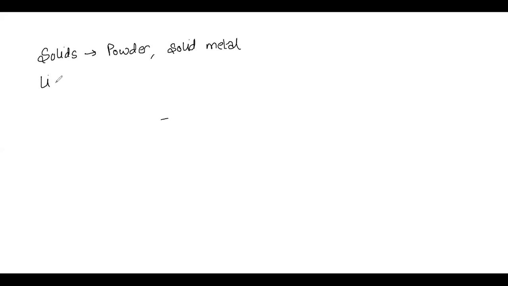Now liquid, when we are considering liquids, we only consider water. And then when we have the aqueous, it means solution. So if you have any question which is stating a solution of sodium chloride, a solution of so and so, it should be clear to you that in this case the state will be aqueous. Okay, so I hope it's clear to you.